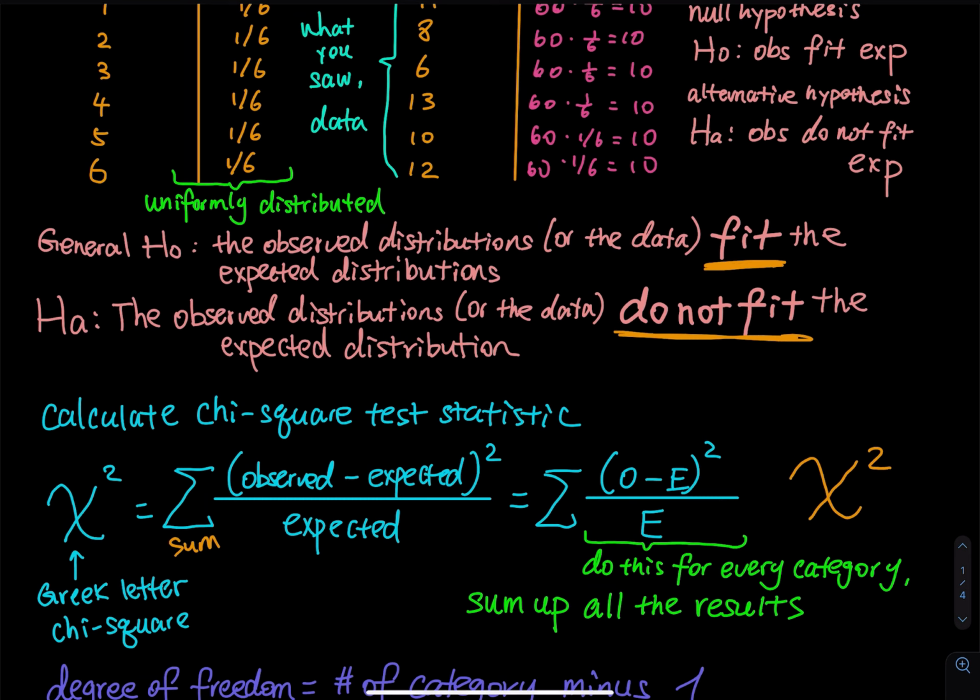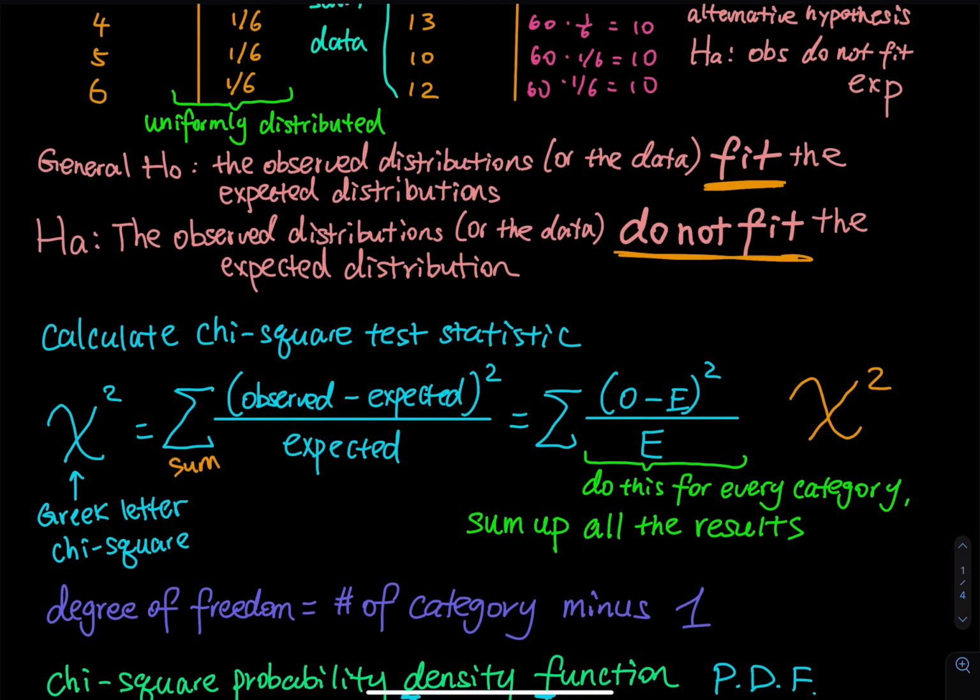Sum of observed minus expected, squared, the difference divided by expected. I make this simple: O minus E squared divided by E. You do this for every category and then sum up all the results. Later in the video, I will show you how to do this step by step using the table above.